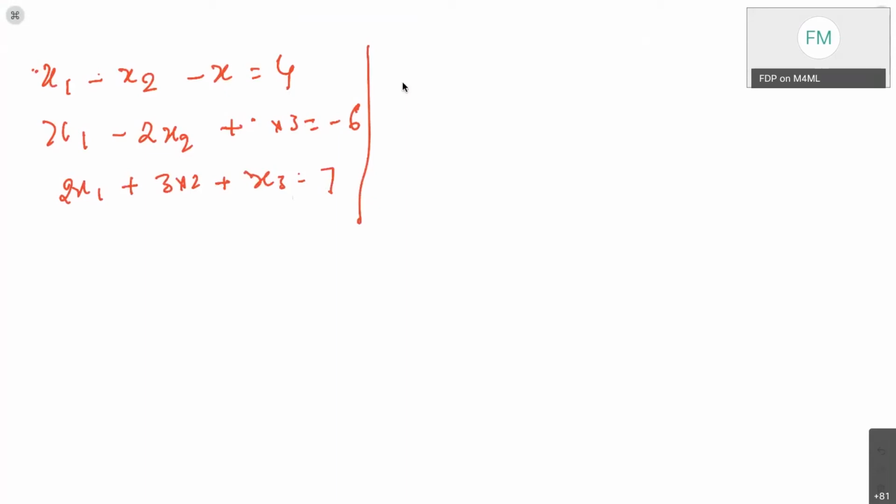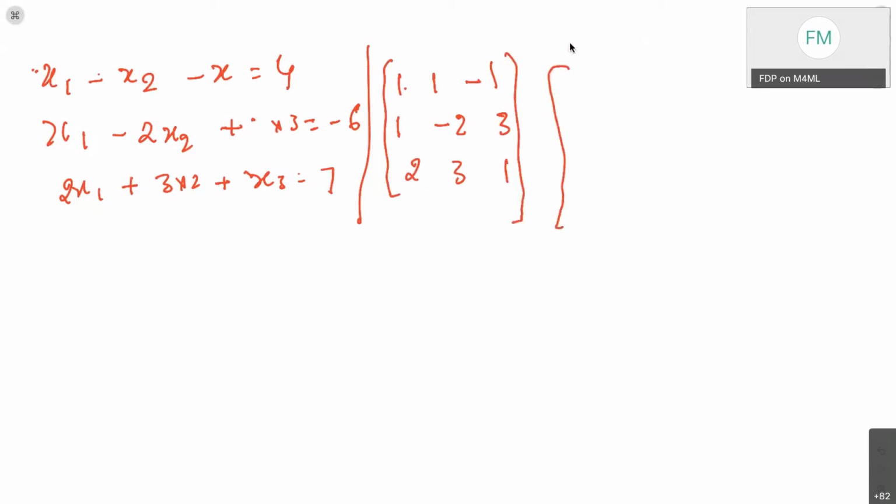So it means the matrix A is 1, 1, minus 1, 1, minus 2, 3, 2, 3, 1, and you have x1, x2, x3 is equal to 4, minus 6, 7.